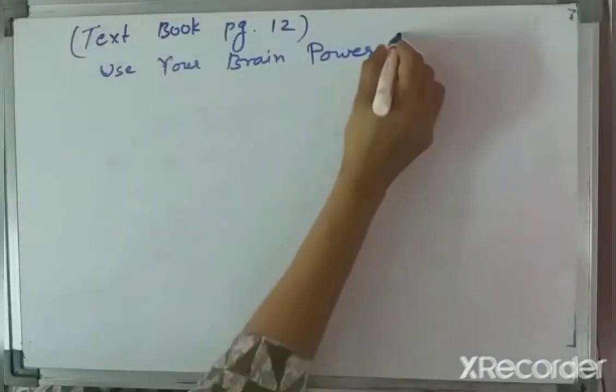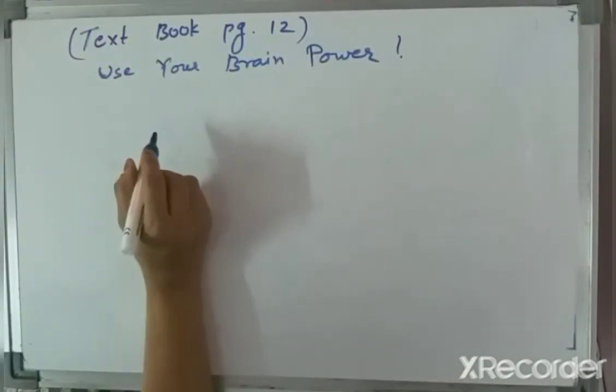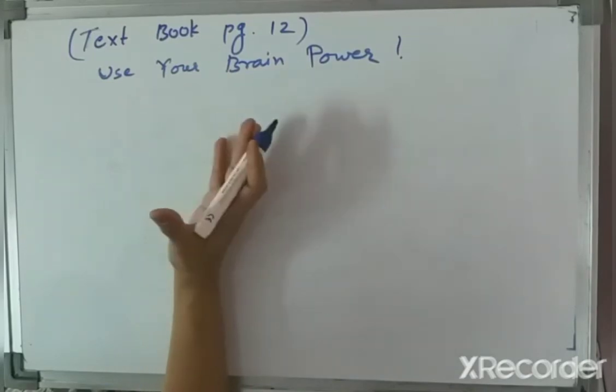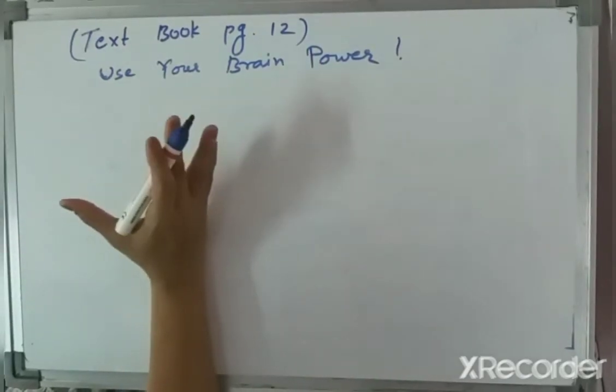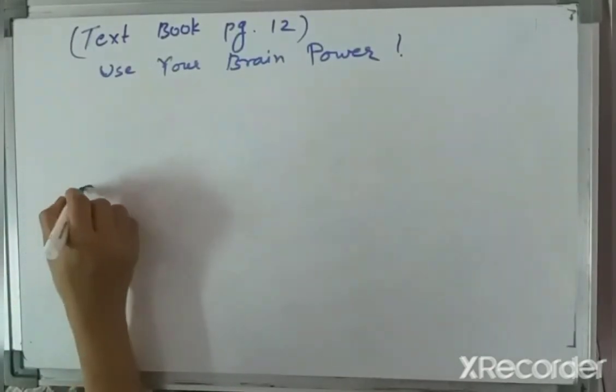Question is given here. According to Newton's law of gravitation, Earth's gravitational force is higher on an object of larger mass. As the mass of the object is more, that much more force will be applied. Are you agree?